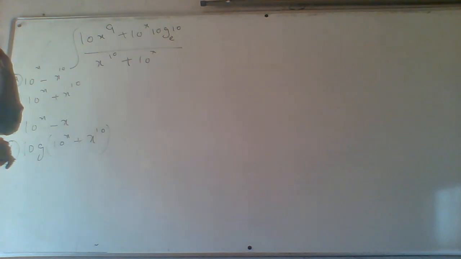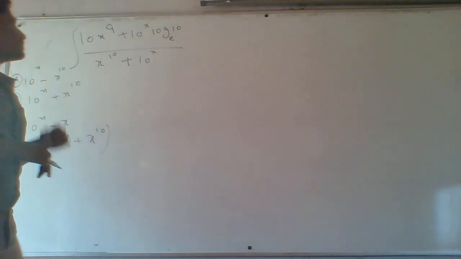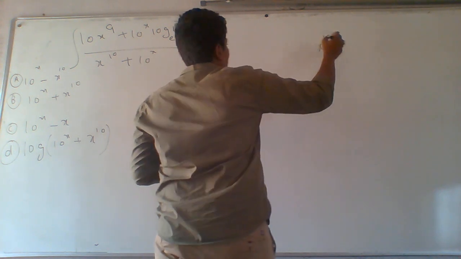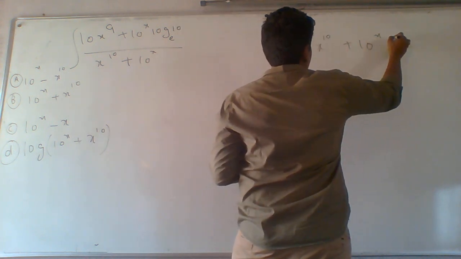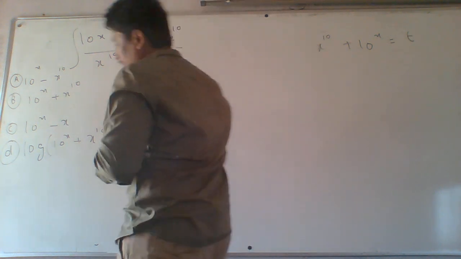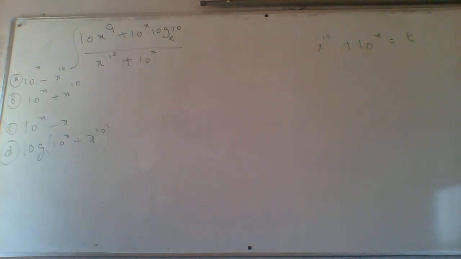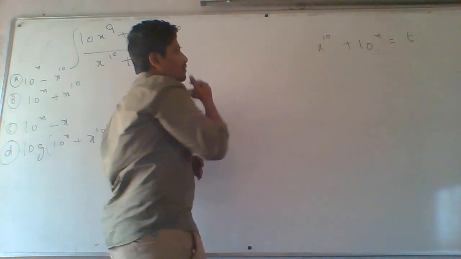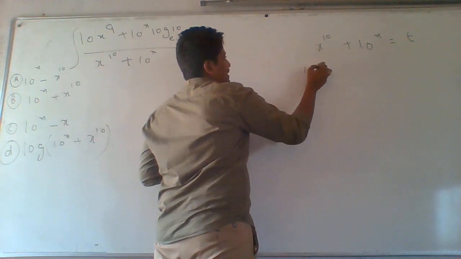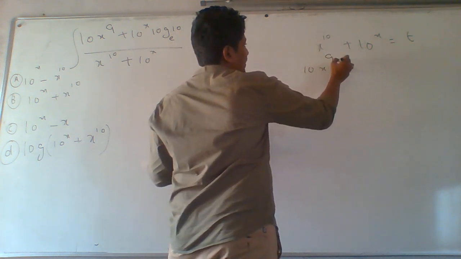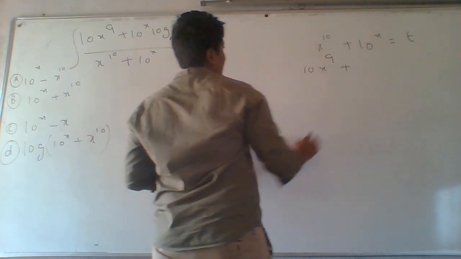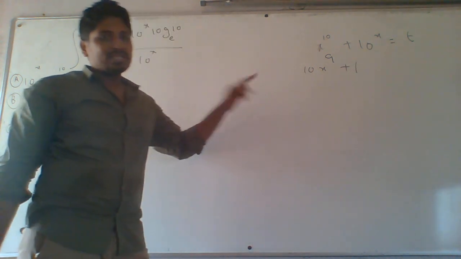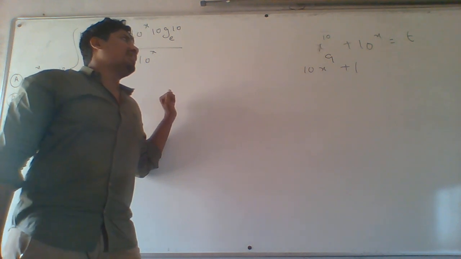Now let us assume the denominator as t and proceed. Let us assume x power 10 plus 10 power x as t. Now apply the derivative on both sides with respect to the variable. For x power 10, it is 10 into x power 9, plus the derivative of 10 power x. It is of the form a power x, and the derivative of a power x is a power x log a.